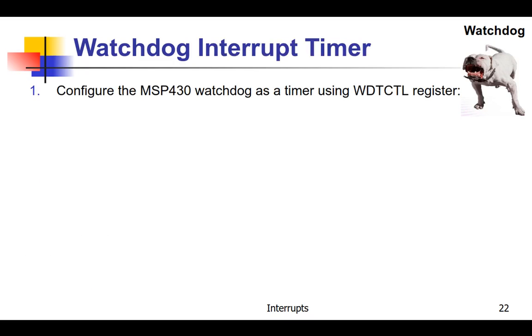Let's look at how we could configure the MSP430 watchdog timer. The basic register that controls this is WDTCTL, or Watchdog Control Register. And things that you can put in that register will tell you the interval of the timer, how long until it times out.